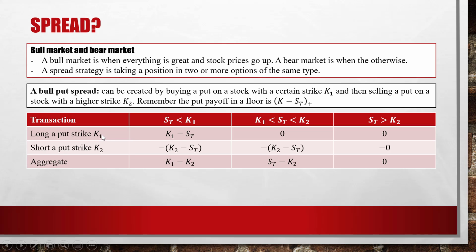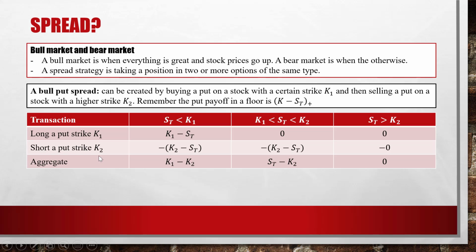When the stock price is less than K1, of course K1 is greater than the stock price, so (K minus ST)+ here is just K1 minus ST. When the stock price is between K1 and K2, the stock price is greater than K1, so (K1 minus ST)+ should be 0. When the stock price is greater than the second strike, then of course (K2 minus ST)+ should be 0.